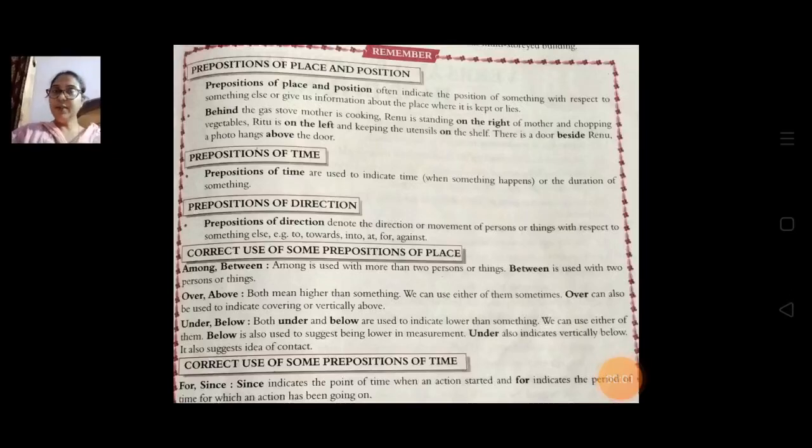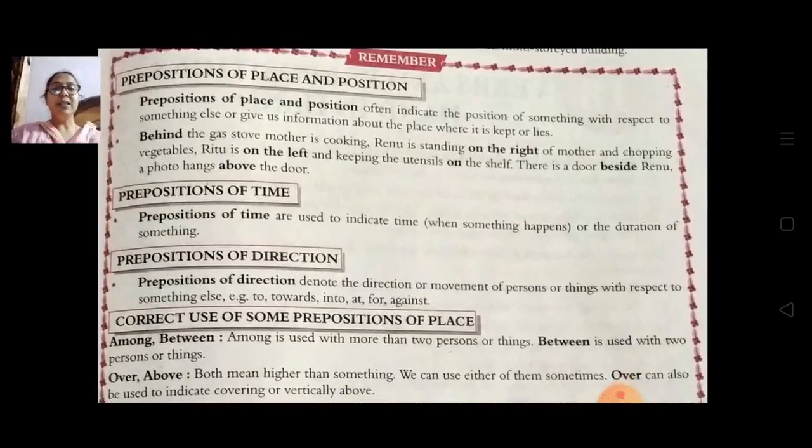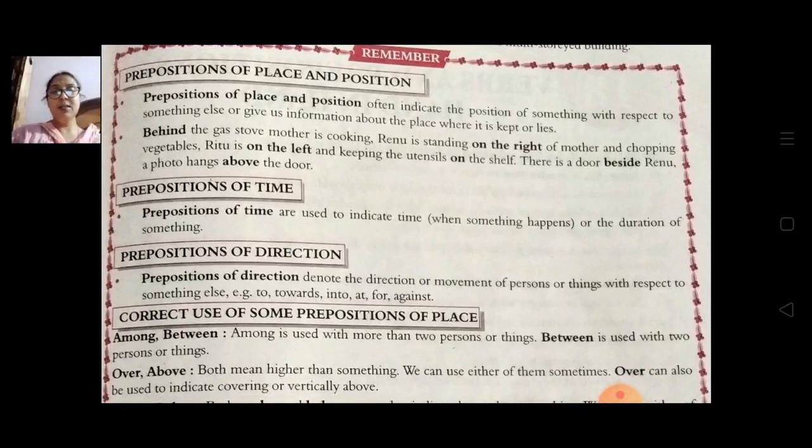So children, first of all, we are going to revise this, because we studied this concept in our earlier video, but we need a revision before solving the exercise. Preposition of place, which we have already discussed in the previous video.